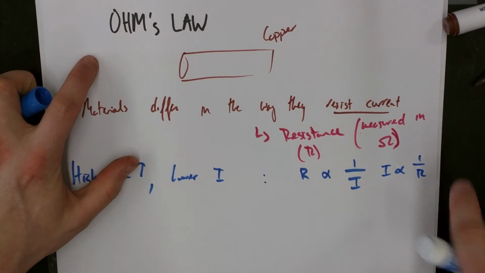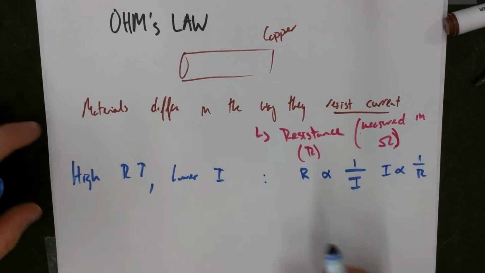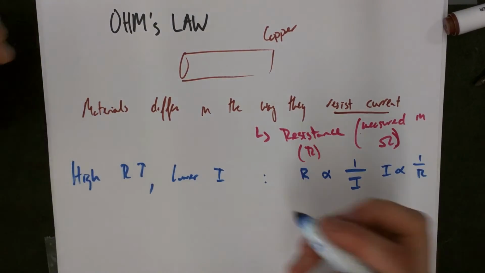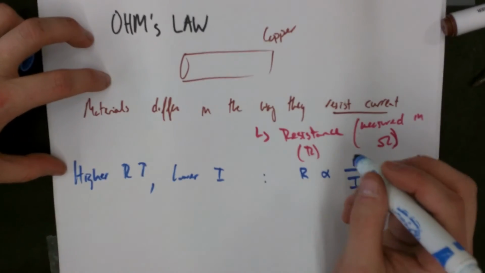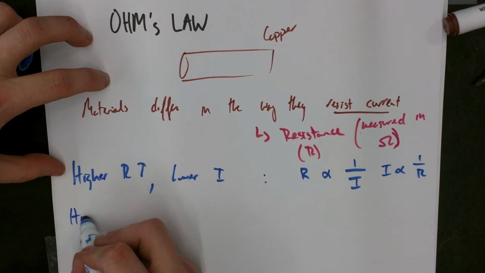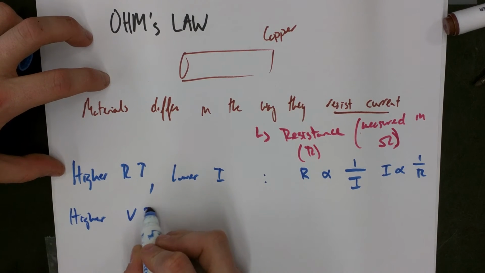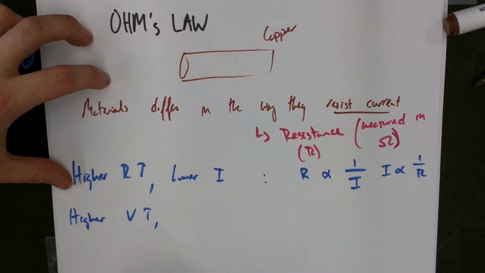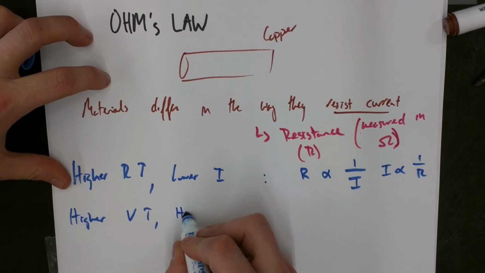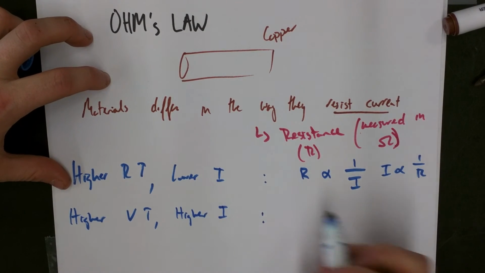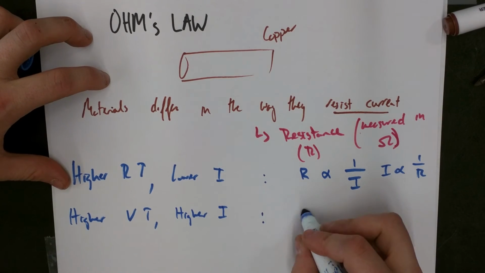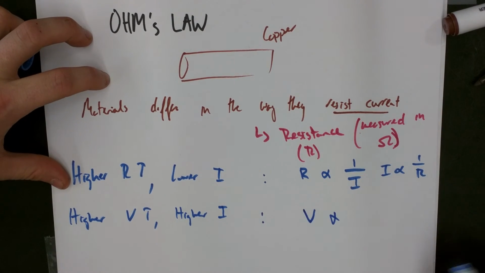So if resistance goes up, current goes down. What else happens if, let's say, I increase the voltage? So higher voltage, think pressure, what happens to the current? Well, there must be a higher current. So relating those two variables, I could say that voltage is proportional to current.